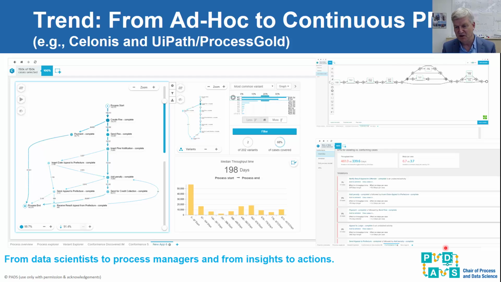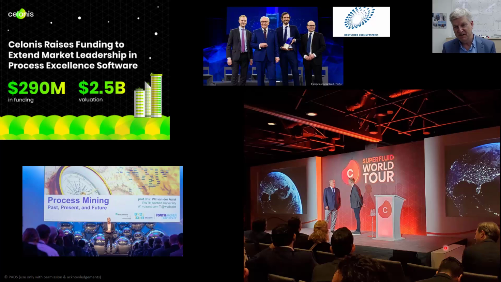If we go to BMW, there are also over 1,000 people using these types of systems, lowering the threshold to use process mining. Celonis, I think, is a very spectacular example. By many dimensions, it is the most successful German young IT company that exists. Some people say this is the new SAP, which they are now valued at 2.5 billion, which is not so bad for a startup that started in 2011.